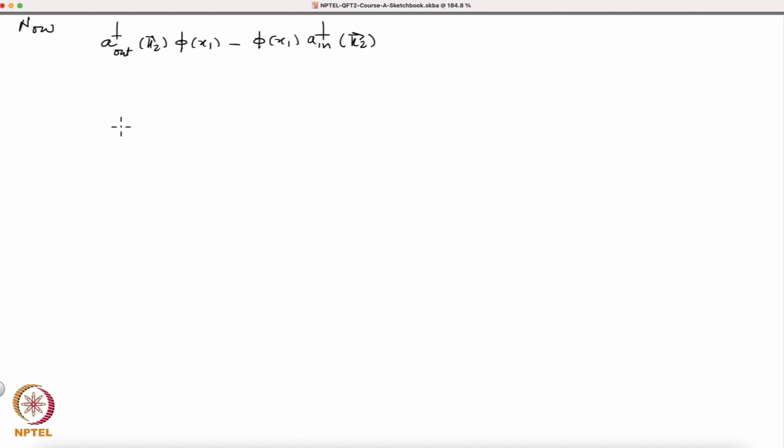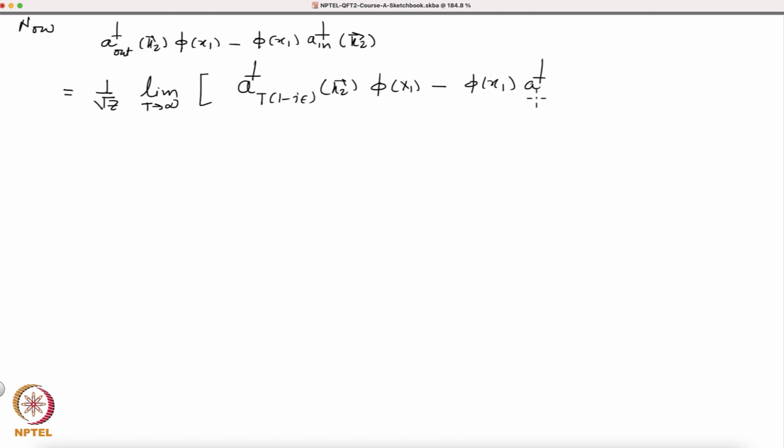Now I will substitute the expression of a out and a in in terms of a's at those times, at capital T. So you get 1 over square root of Z, limit T going to infinity. What is a out dagger? A out dagger is a dagger at T minus i epsilon, with k2. Then you have phi of x1 minus phi x1 and a dagger at minus T.